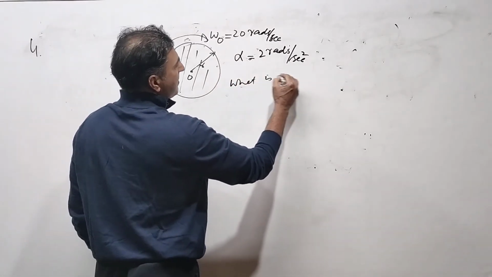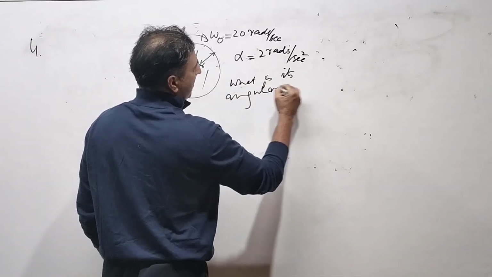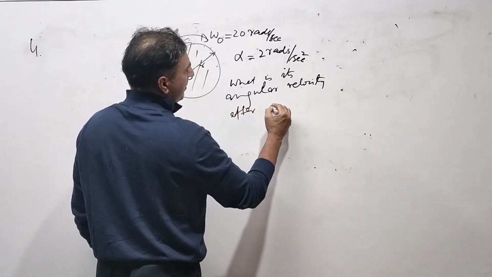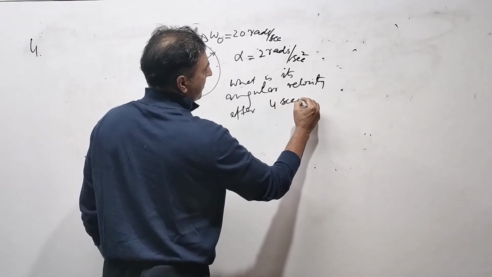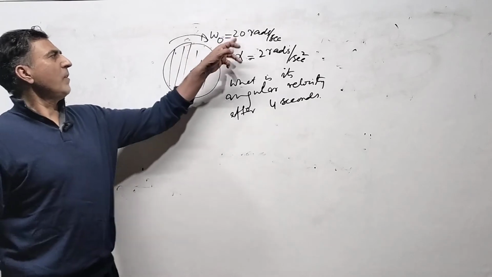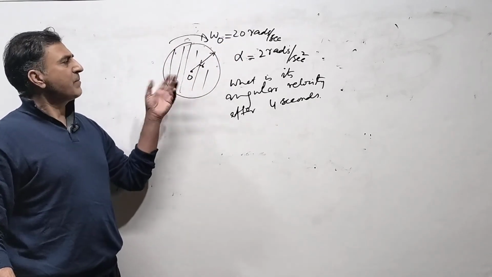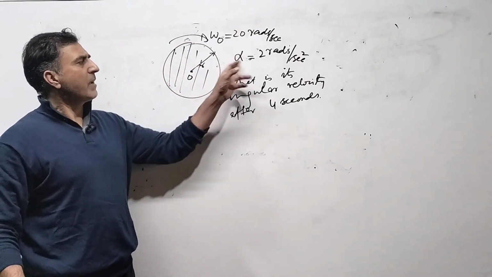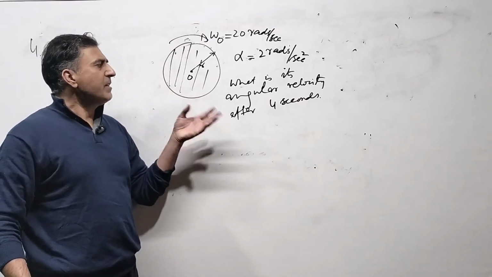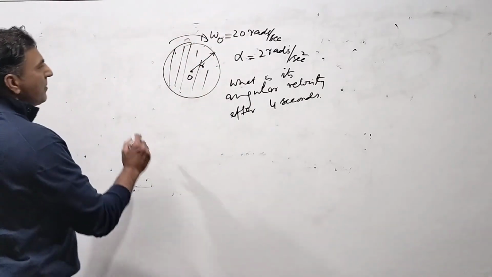What is its angular velocity after 4 seconds? It is rotating with this angular velocity, but now some force has acted on it and produced some torque, which has given rise to angular acceleration alpha, and its rotational speed increases. I have to find its angular velocity after 4 seconds. That's my question.